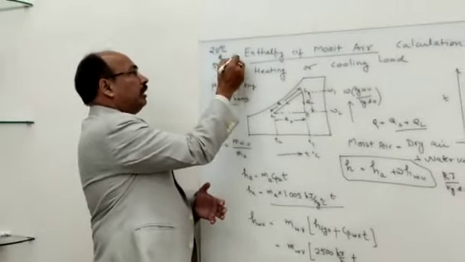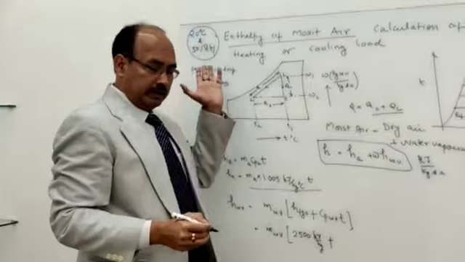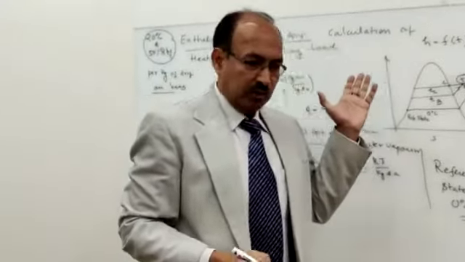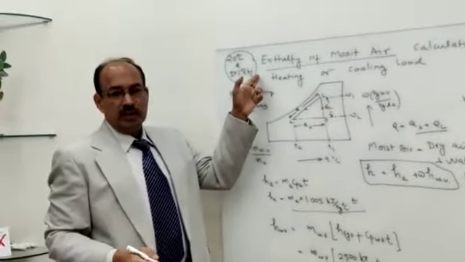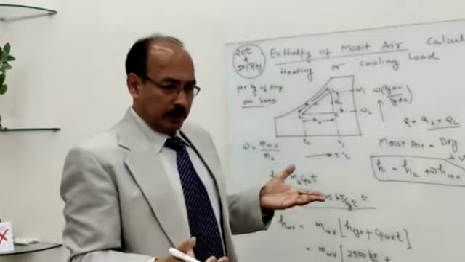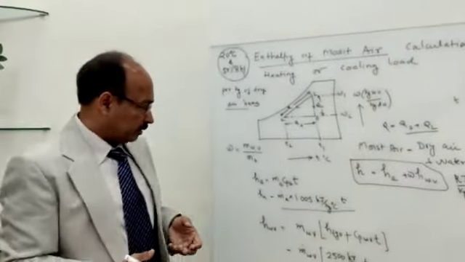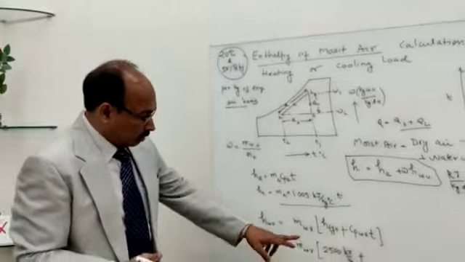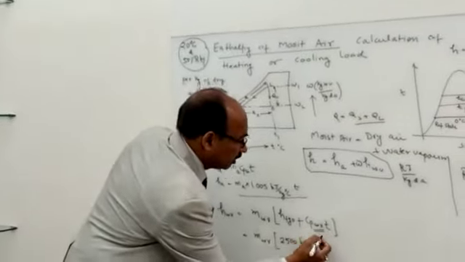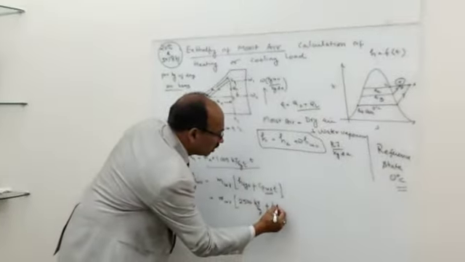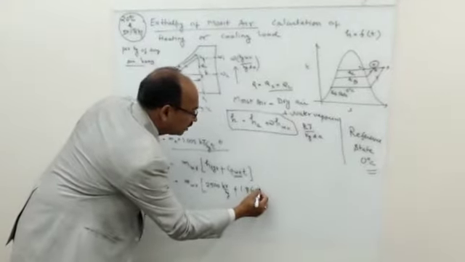So in the entire air conditioning range, properties like density and specific volume are referred to this state, and we get very precise values of the properties. So CPV is 1.86 into T.